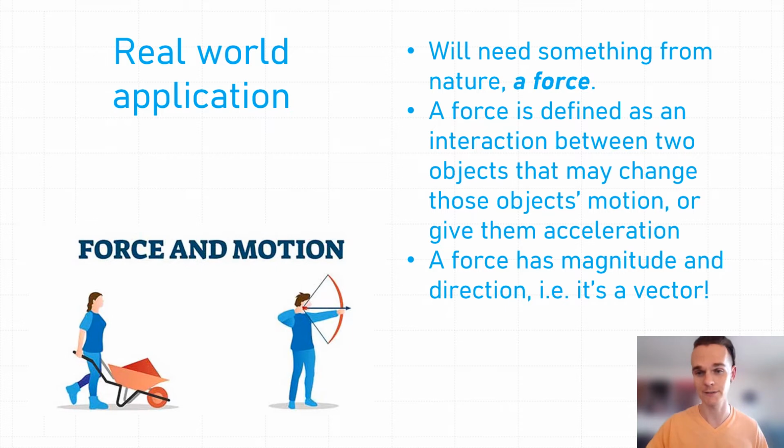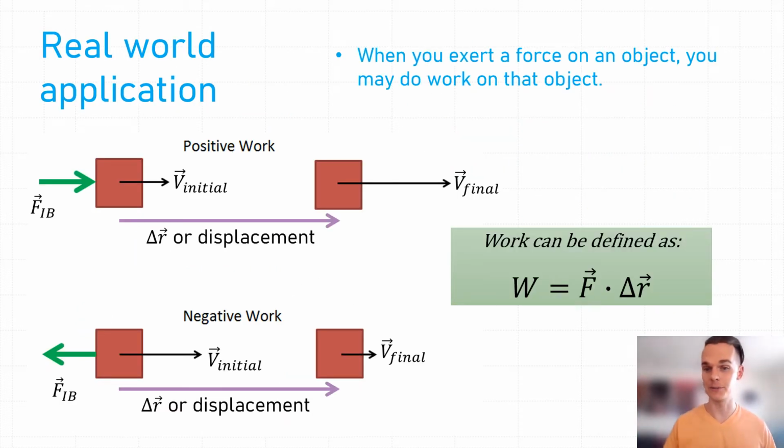the real world. Now that we are familiar with what a force vector is, let's apply this to the concept of work. Work is defined as the energy you may give an object whenever you exert a force on that object. We can also use the dot product to define work.